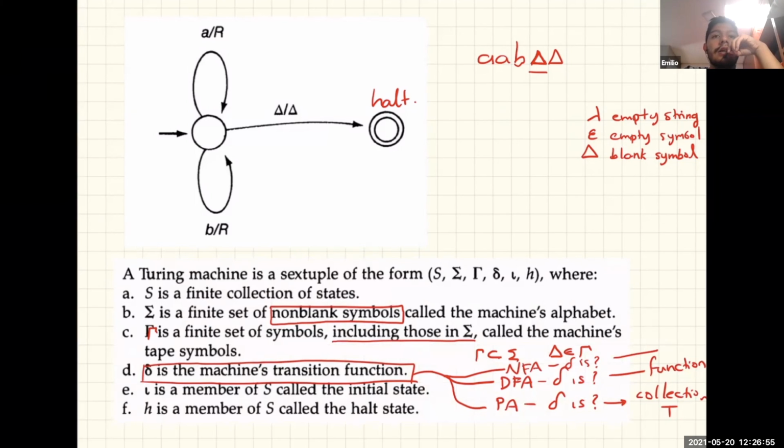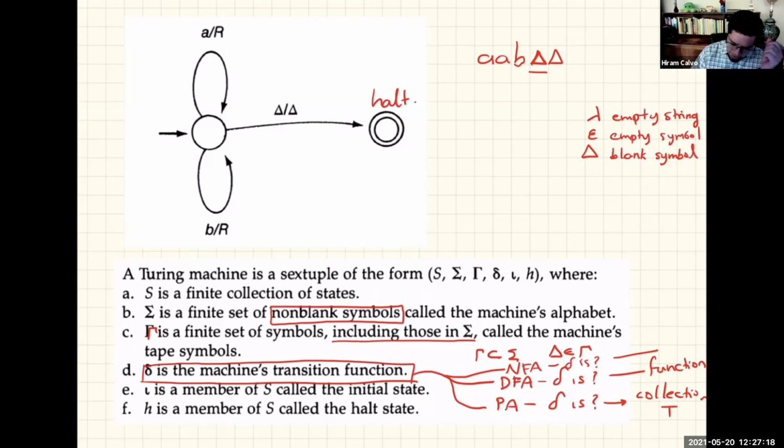It's not determinate. So we have more than one step to follow. It's non-deterministic. Yeah, that's what you are saying, right? Yes, it's non-deterministic. Yeah, so right, Emilio.